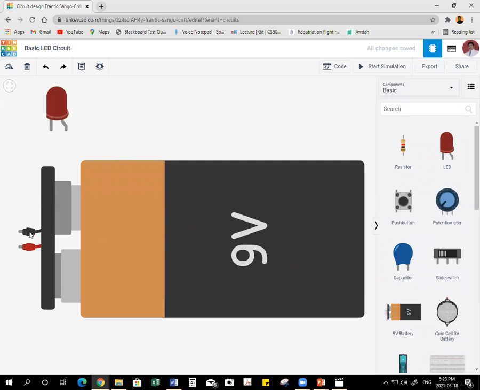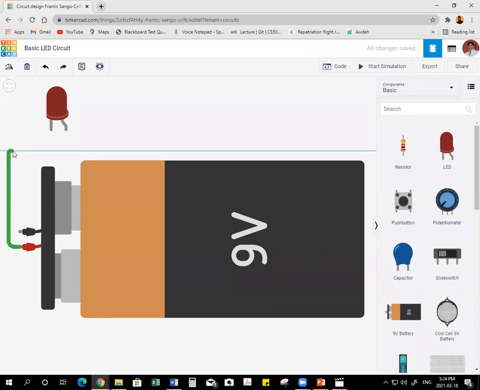We have a positive terminal and a negative terminal here. It's showing directly. Now I want to show connecting this 9 volts battery to the LED. Let's connect directly, then we'll see what's happening. This is positive. I'll click on the positive terminal, move it and click again, and you can bend the wire like this.